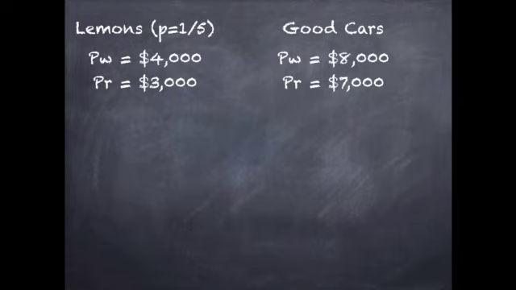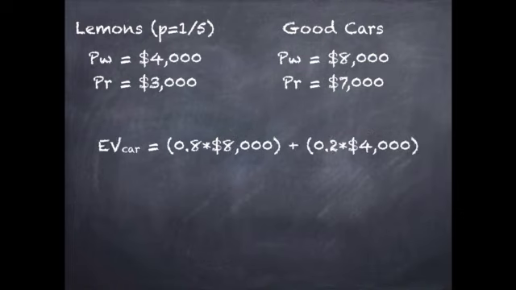So what we need to do is to calculate the expected value, the expected worth of the cars, because we have probabilities that are occurring here. So the expected value of the car is going to be 80% multiplied by the willingness to pay for a good car. So good cars occur 80% of the time, and they are valued at $8,000.